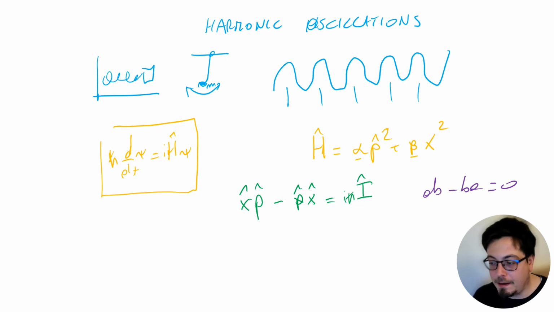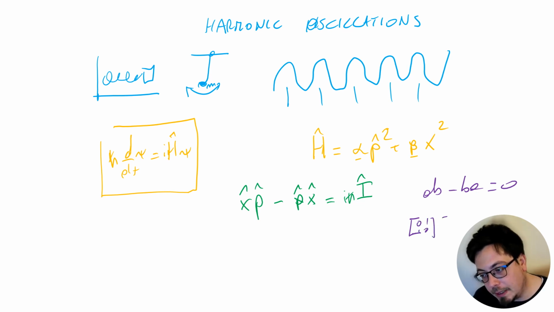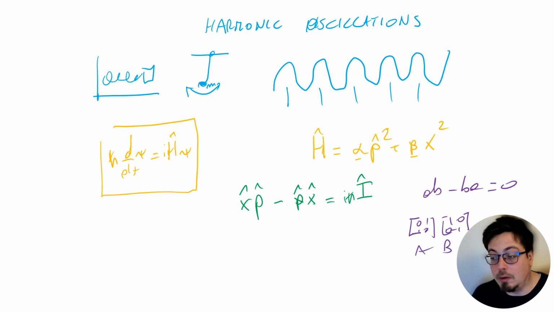But as soon as you step out of numbers and think about matrices, for example, and you pick two matrices A and B, they do not commute. So this would not be true for matrices.